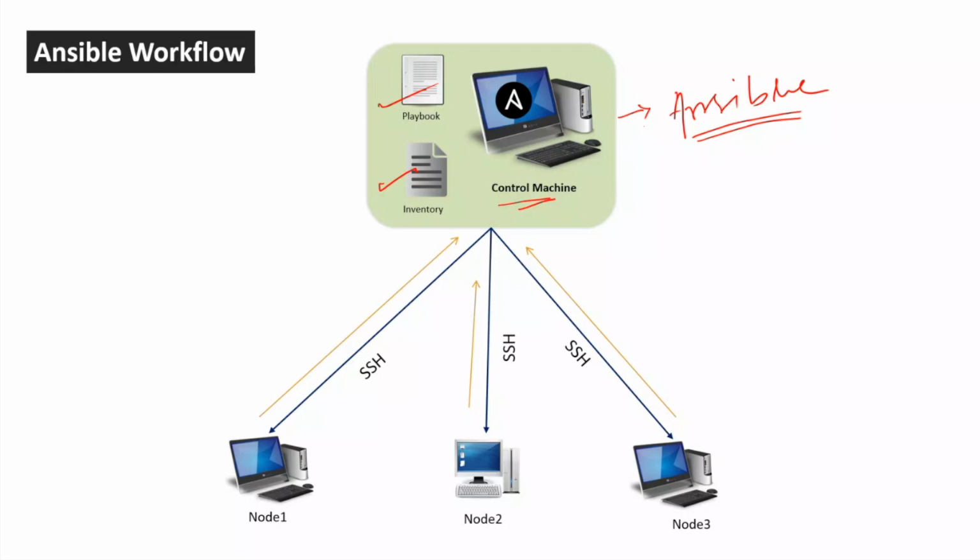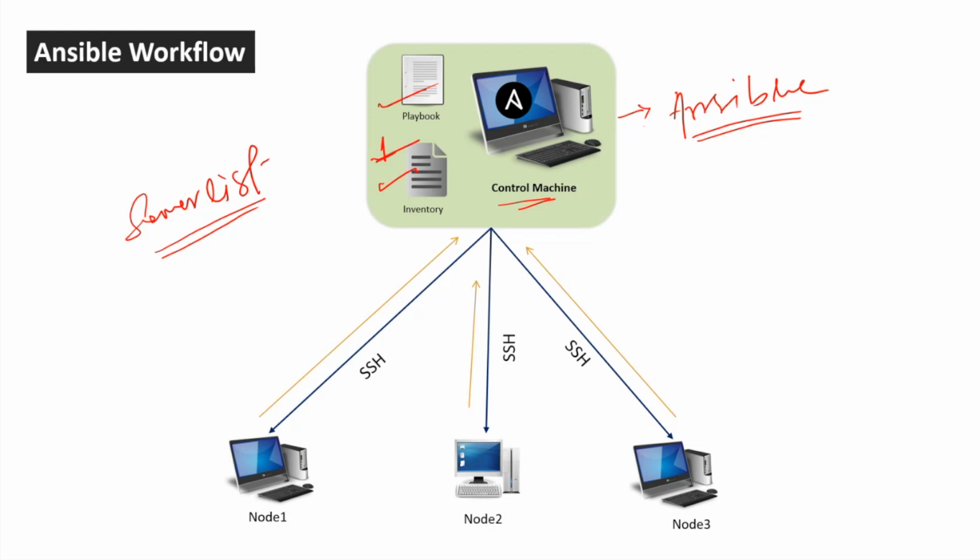Ansible first reads the inventory file. It will find the server list, which servers it is going to execute on, and on those servers the playbook will be executed. Based on the server list available in the inventory, the playbook will be executed.